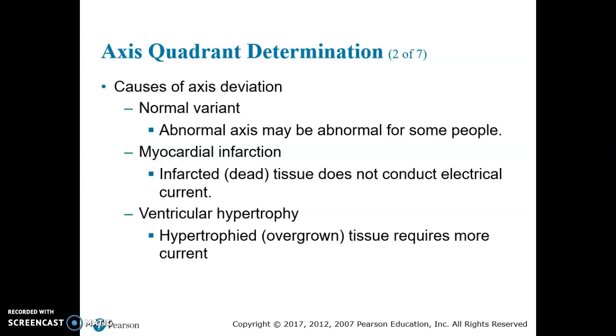With ventricular hypertrophy, hypertrophy is overgrown tissue and it requires more current, okay? So the current shifts toward that overgrown tissue, toward the larger part of the heart, because that larger part requires more current to make the heart beat.